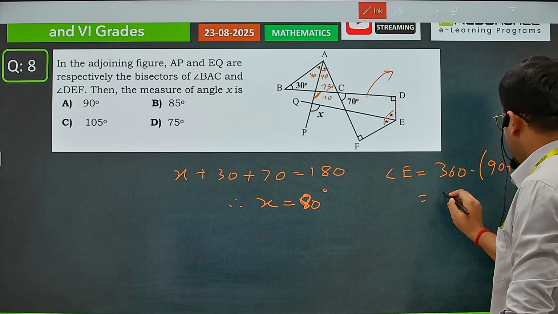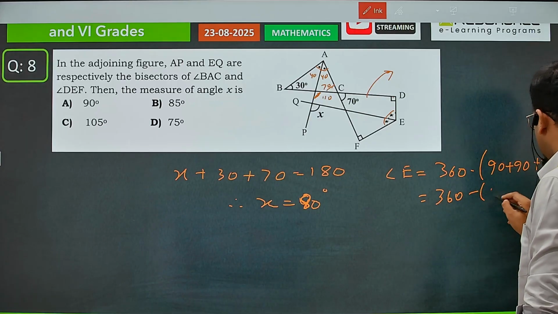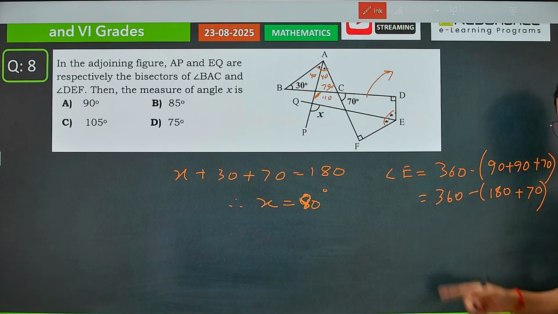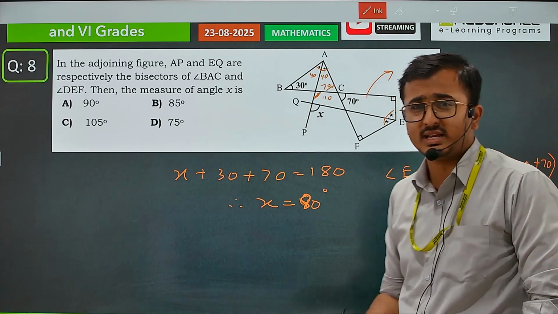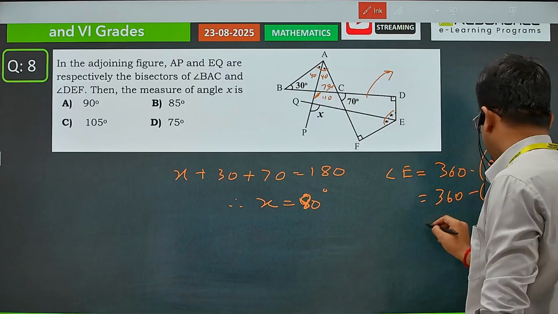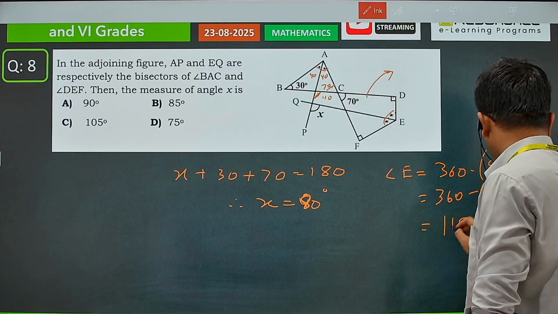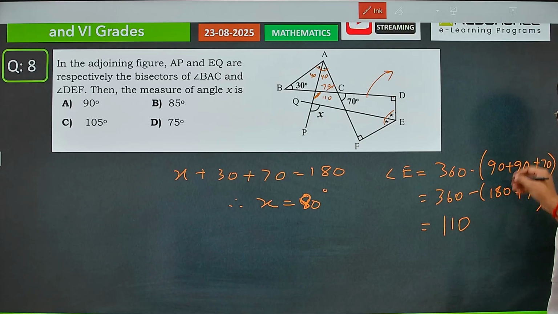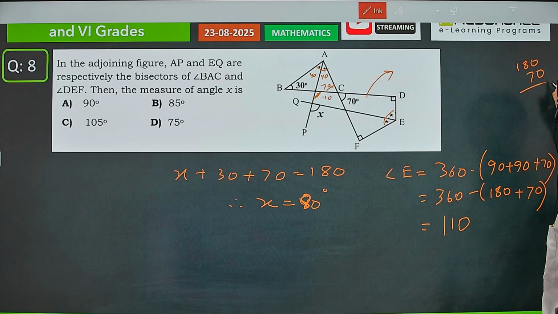So that gives us 360 minus 180 plus 70. Okay, 360 minus 180 will give us 180. 180 minus 70 will give us 110. Okay. Yes, let me cross verify once again. Yes, 110.